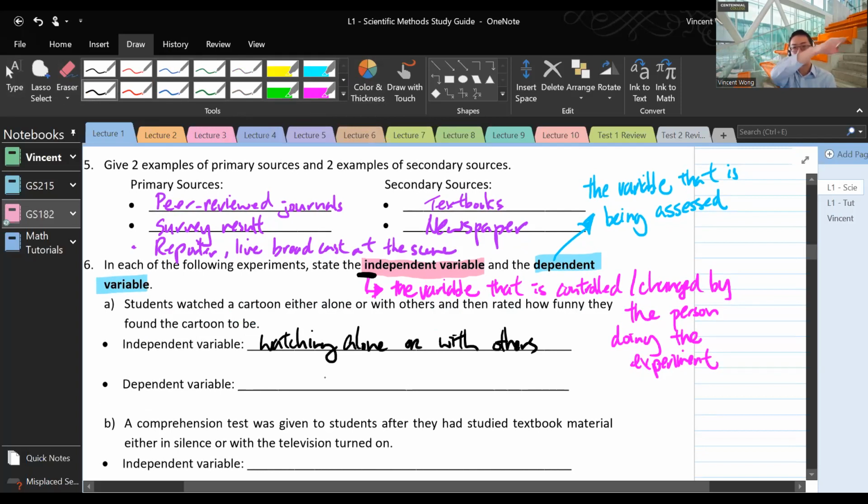You guys go watch it together. And then the dependent variable is how funny was the cartoon. So does watching it with others make it more funny, right? Or does watching it alone make it more funny, right? So by changing the independent variable, we want to know if it has an effect on the dependent variable.